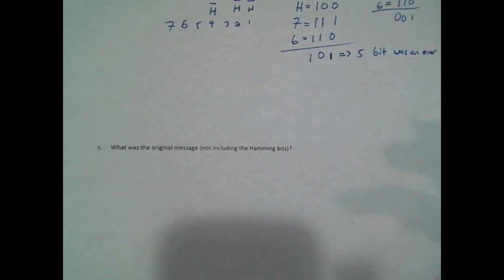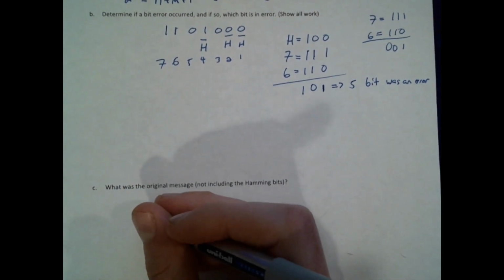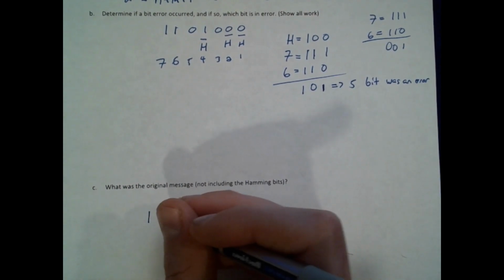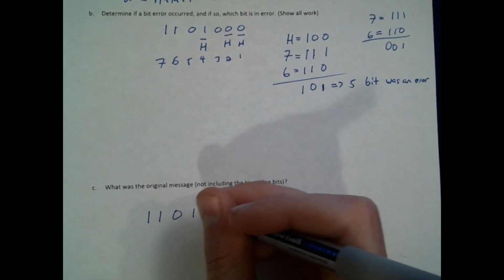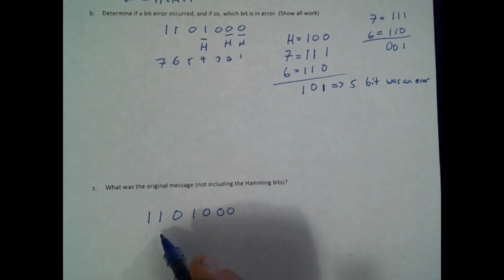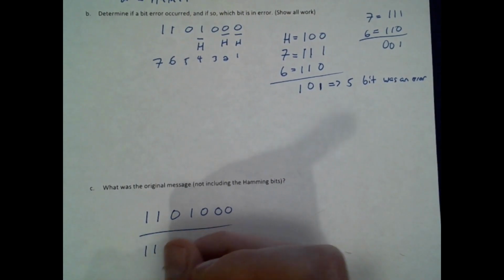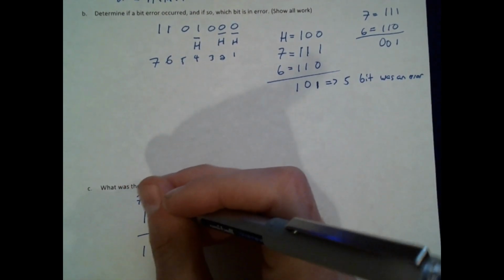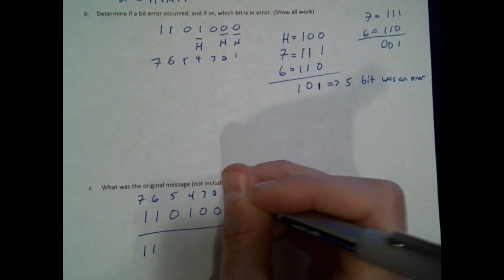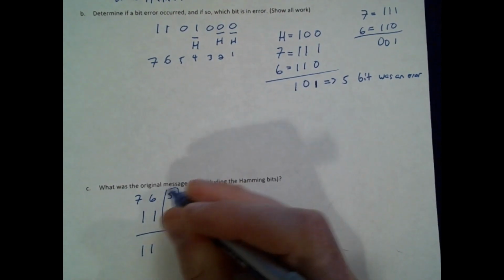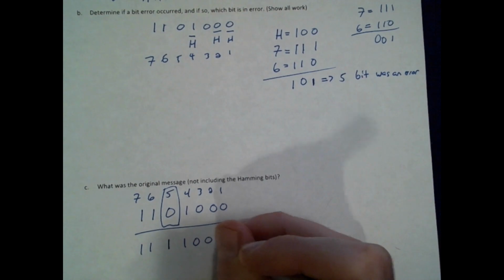Moving on to part C, we'd say what is the original message, not including the Hamming bits. So because bit 5 was an error, we received 1101000. But what we should have gotten was 1, 1, and bit 5. So again, 7, 6, 5, 4, 3, 2, 1. So bit 5 here was the problem. That should have been a 1 instead, 1000.